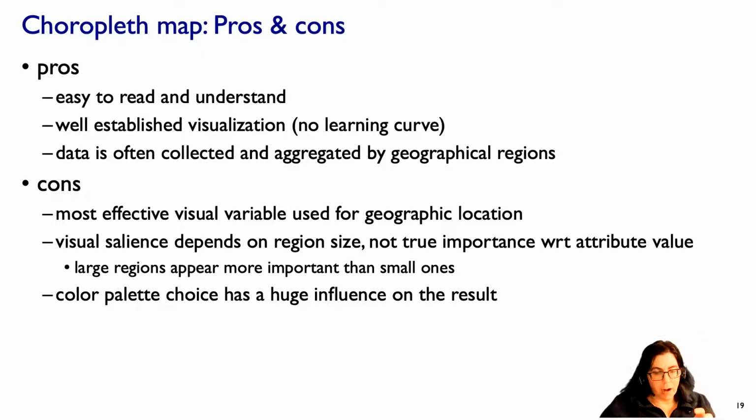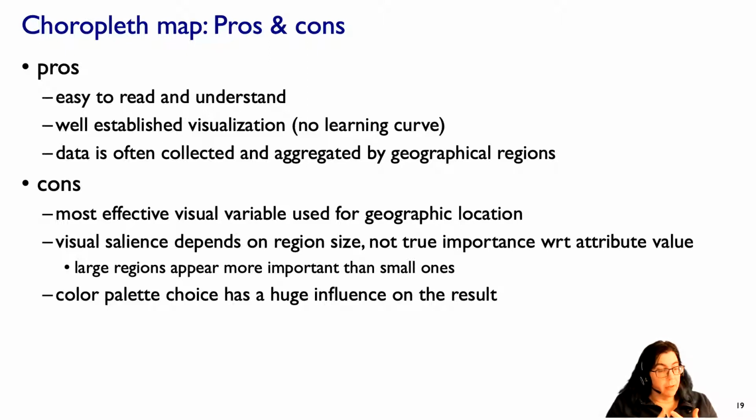And that might not really be the true importance if we're thinking about an attribute value, right? There might be something with a really high value of an attribute that's a little teeny shape on the screen. And then there's very few pixels that are available to color code it. So there's this fundamental problem that large regions are going to appear to your eye to be more important than small ones. And that's a fundamental issue with choropleth maps.